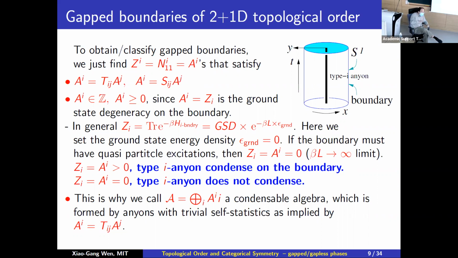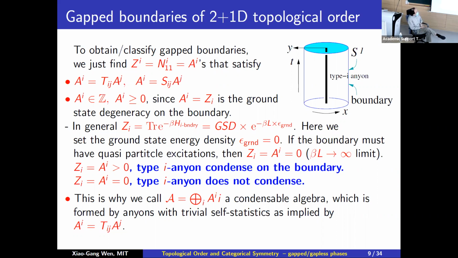When you consider the partition function in conformal field theory, there's an assumption the energy density is fine-tuned to 0, so I just follow the same tradition. Once you tune the energy density to 0, then the partition function is the ground state degeneracy, up to an overall factor. So that's why this Z is a ground state degeneracy. It should be this integer.